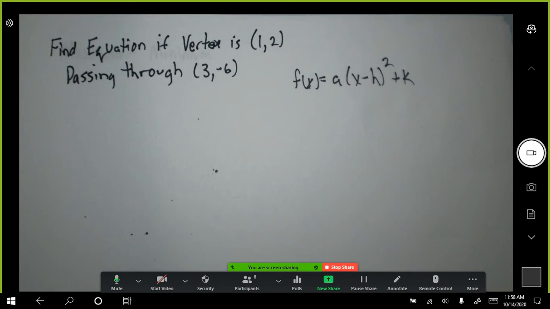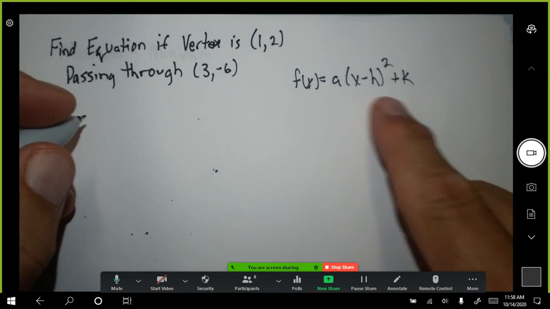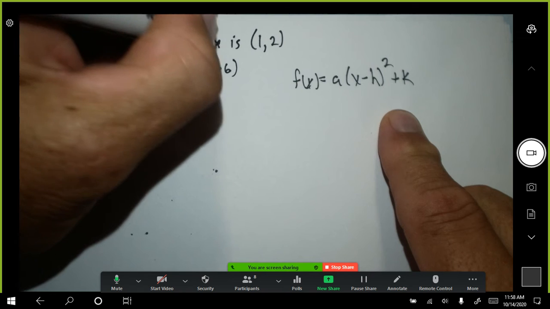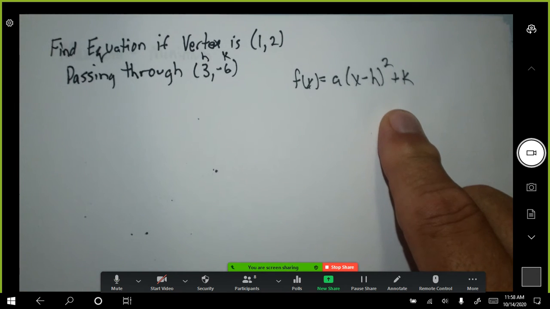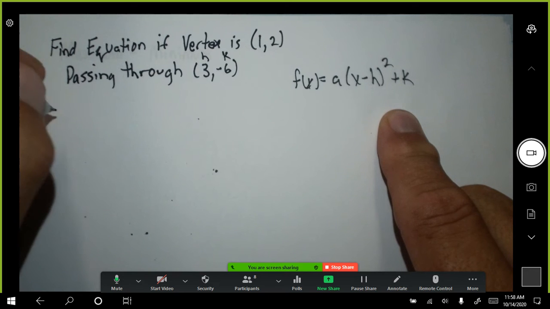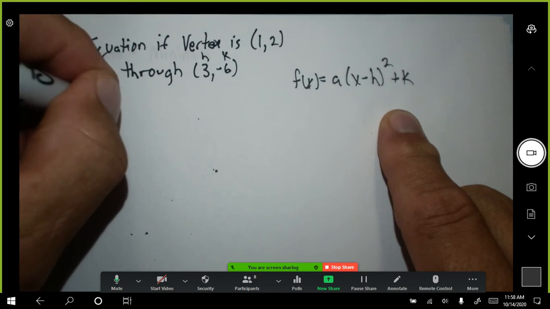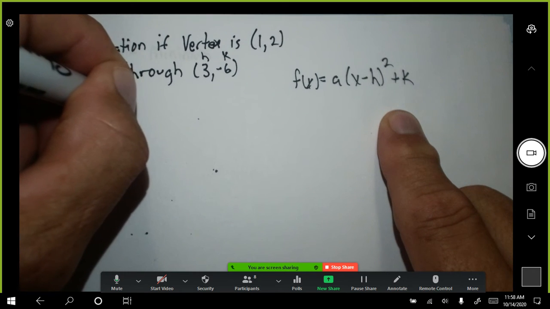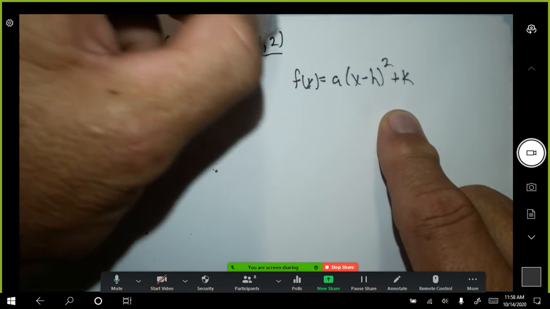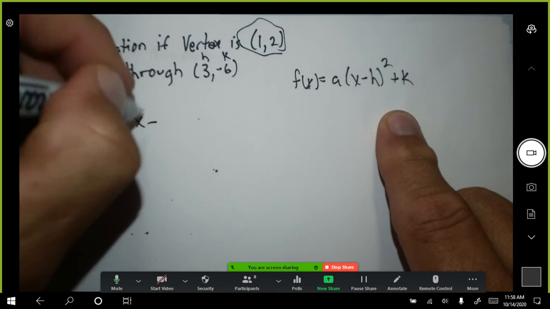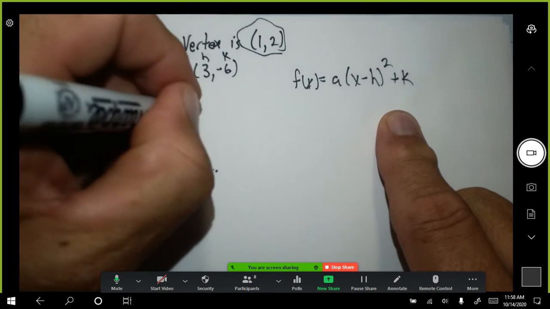So the first part of it, filling in the h and the k, is easy. Here's h and here's k, right? So this is going to be f of x equals, we don't know what a is yet. That's what this point is going to help us do. But we can say it is x minus 3 squared minus 6.